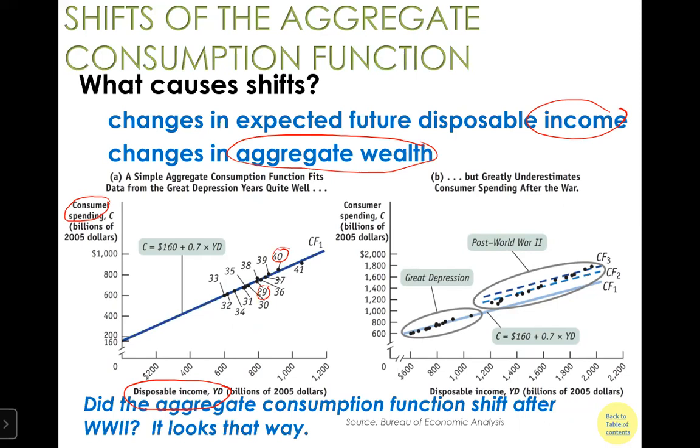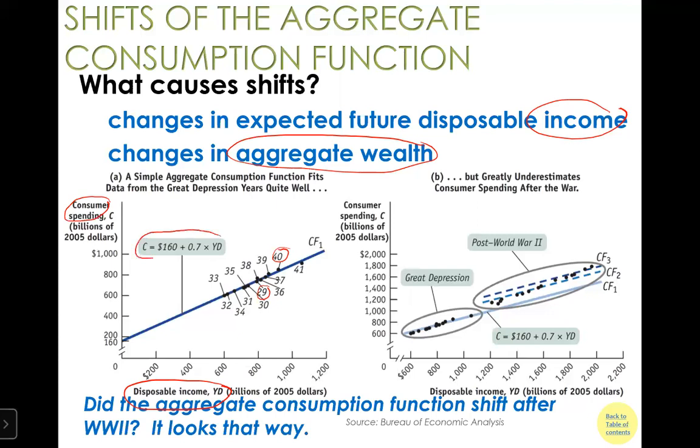Each dot represents one year: the total disposable income among Americans and the total consumer spending among Americans in that year. Looking at the 1930s, remarkably, you can see the data is fit by a straight line, almost perfectly.